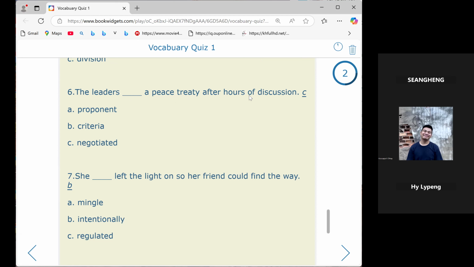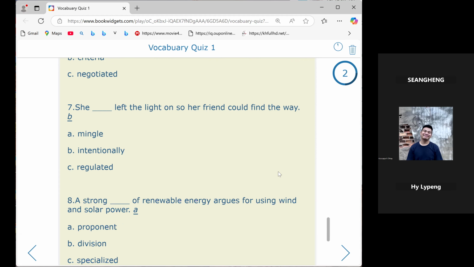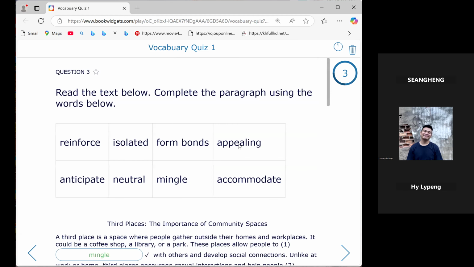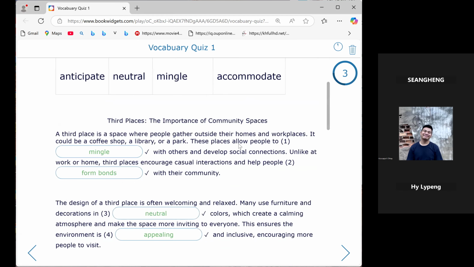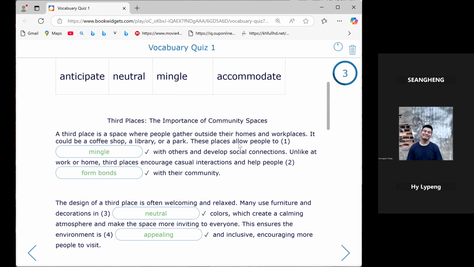But I think it will be good if we say that the leaders sign a peace treaty. Maybe the shift is from negotiate to discussion. One mistake too.